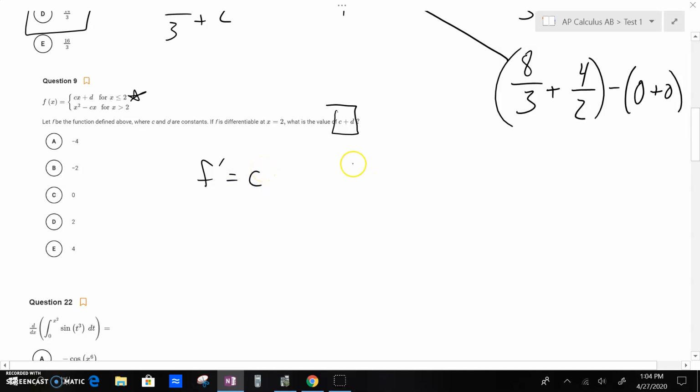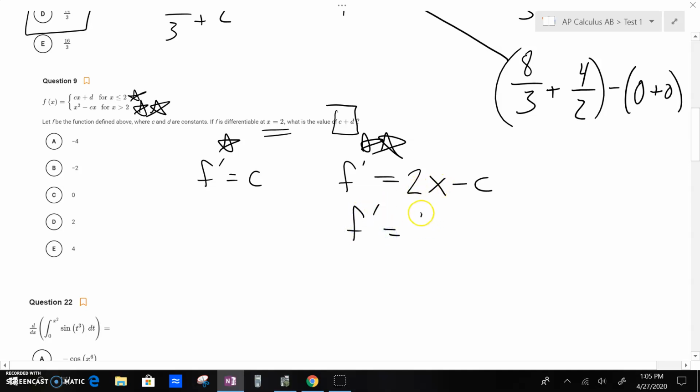And if I take the derivative of the right-hand piece, so we'll do 2 stars, there's 1 star, there's 2 stars, that derivative is going to be 2x minus c. And we're evaluating specifically at x equals 2. So I'll plug in a value of 2. So 2 times 2, that's 4 minus c. So those two derivatives, for this thing to be differentiable, have to equal each other.